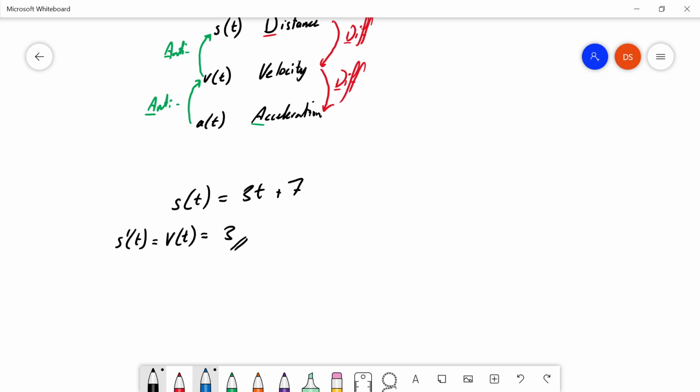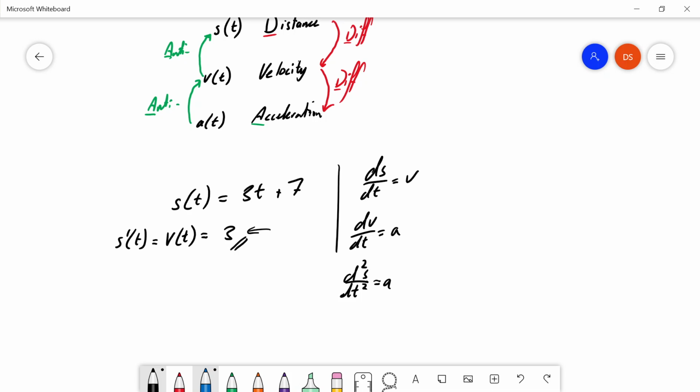So you notice that this velocity is a constant. Sometimes people like writing ds/dt equals v, and dv/dt is equal to a, d squared s over dt squared is equal to a, but I don't really like to get into that because it's a bit funky in notation in level 2. But this is something you'll use later on.